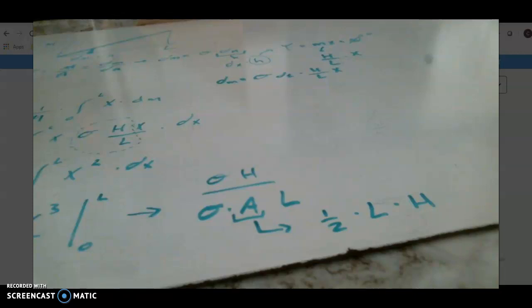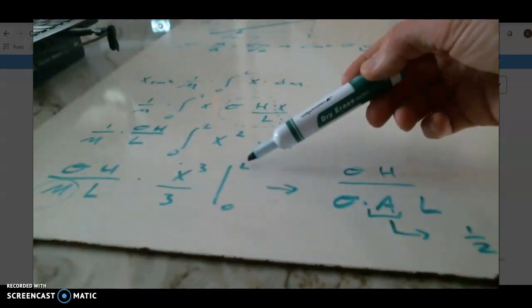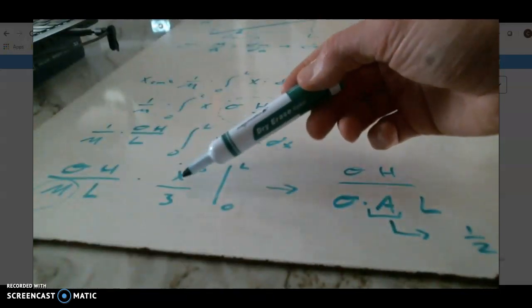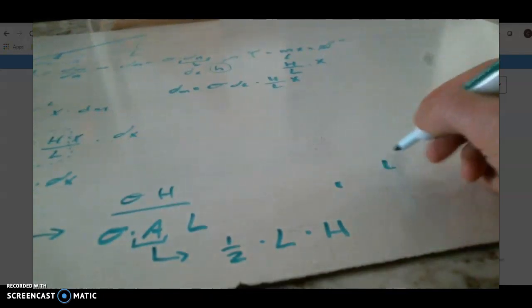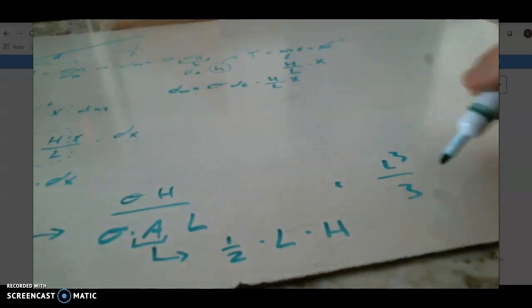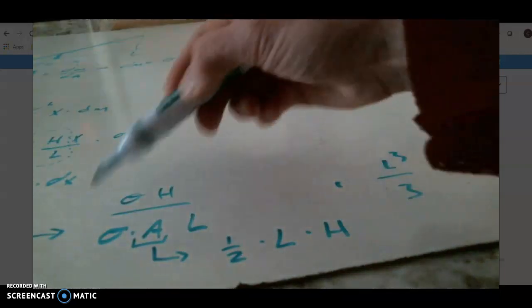All right? And that then gets multiplied by, when I put this bound in, L to the third over 3 minus 0 to the third over 3. So that whole expression right there will be multiplied by L to the third over 3. To rewrite this, I'll go up here and combine all of this into one expression.